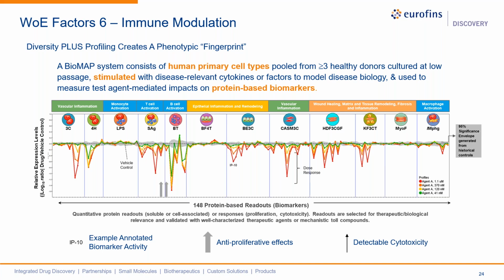These 148 protein-based readouts capture a comprehensive view across multiple biological contexts. By analyzing these readouts, we can detect critical changes and monitor everything about the cell morphology. It also provides quantitative insight into how tested agents interact with the immune system, offering a view of potential carcinogenicity risk. Next slide, please.